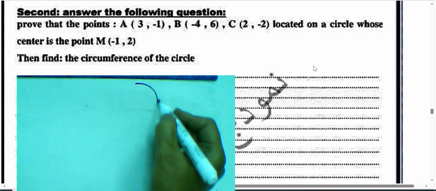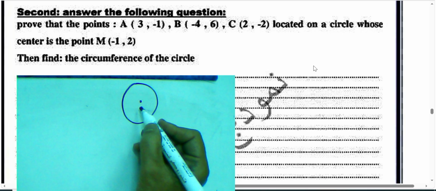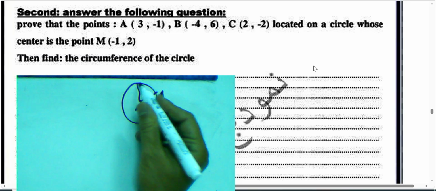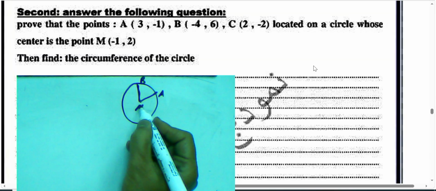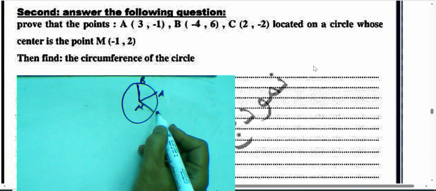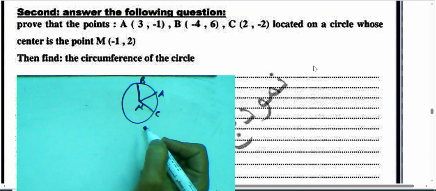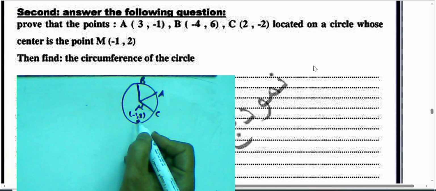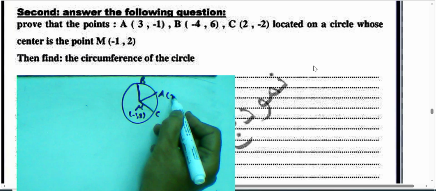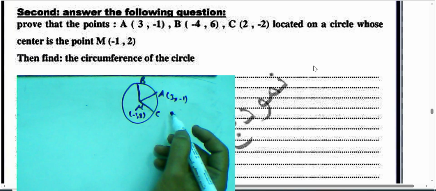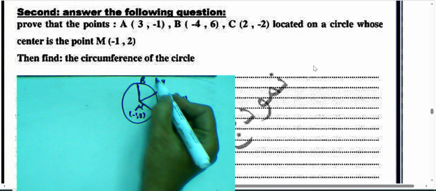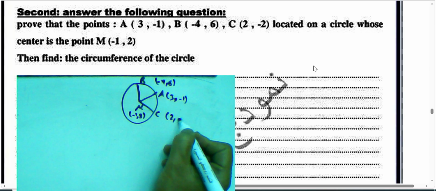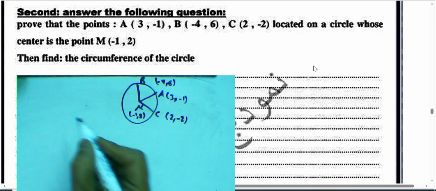Okay, to prove that 3 points lie on the circle, you must prove that the distance from M to A is equivalent to the distance from M to B and equivalent to the distance from M to C. He gives you in the example the center point negative 1 and 2, and point A was 3 and negative 1, and point B was negative 4 and 6, and point C was 2 and negative 2. Then we can find the distance first.